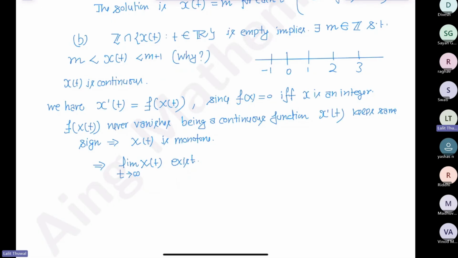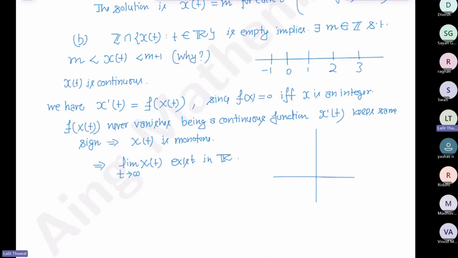So can you conclude that it is an integer now? And what that integer is, you know that either it will be m plus 1 or m. So can you show that? What can we use? Okay, so let's think graphically.